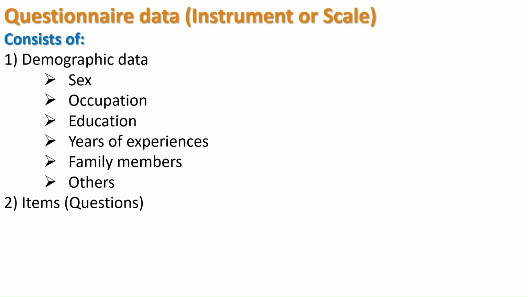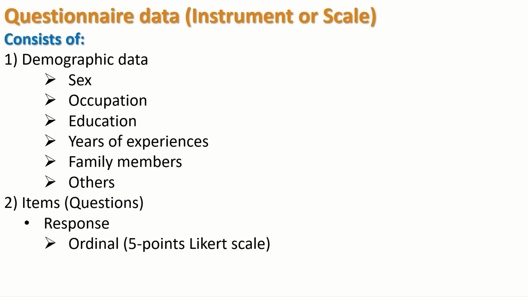The second part is the questions part or the items part. It is the response. This is the data or score collected from the participant selecting from an ordinal scale such as the 5-point Likert scale, from 1 for strongly disagree to 5 for strongly agree.